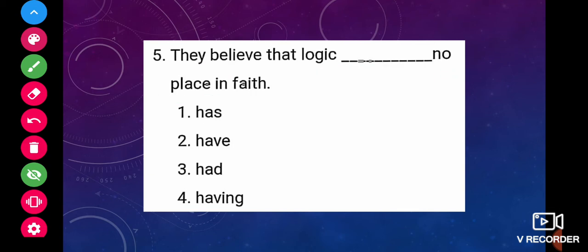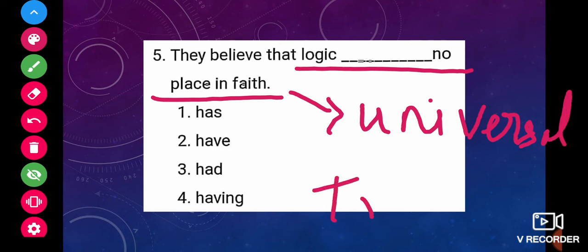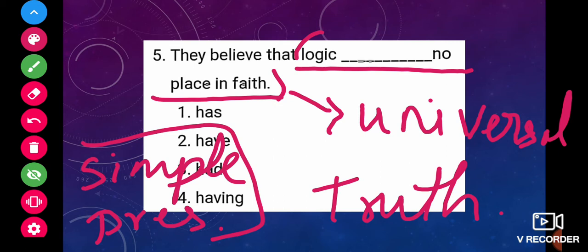Now here, this sentence, logic dash no place in faith, is a universal truth. So in case of universal truth, we always use present tense. We always use simple present tense.